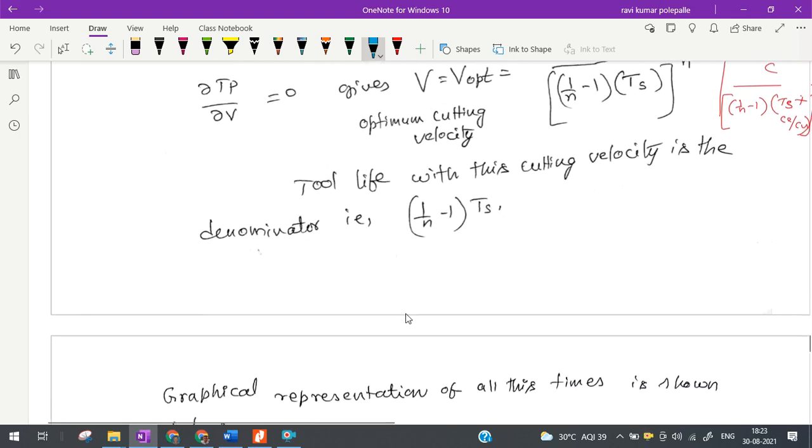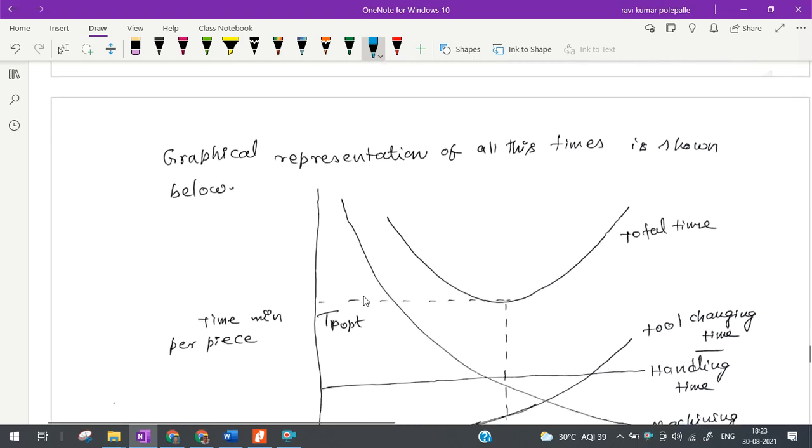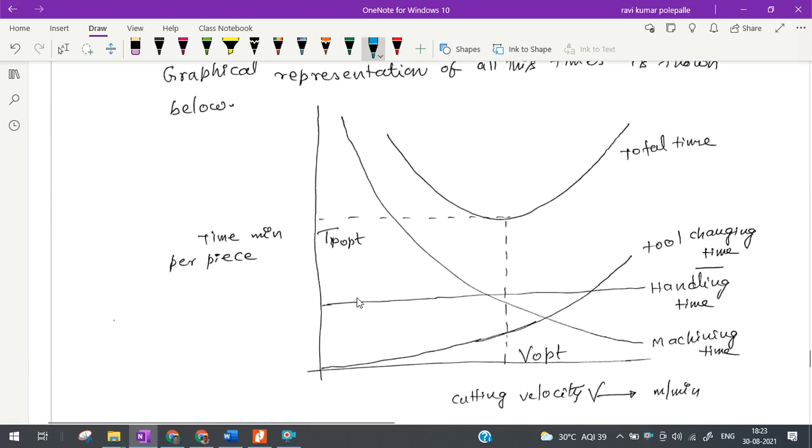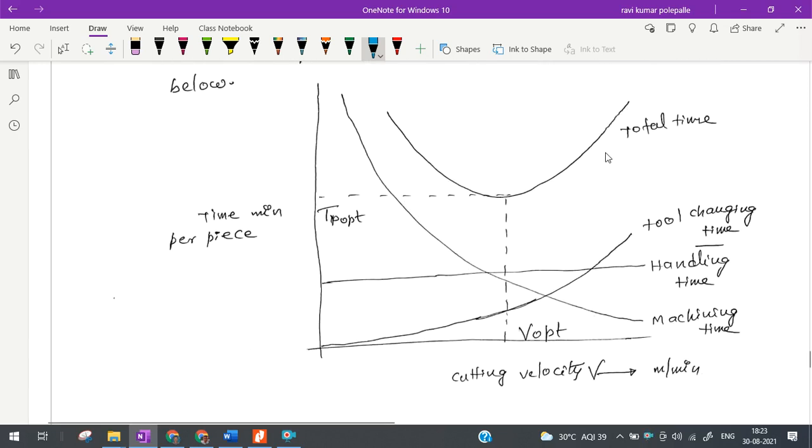and the corresponding tool life is (1/n minus 1) into Ts. If you look at the graphical observation of how the different times change, you may find that the total time for producing one component at a particular cutting speed also takes a U shape.